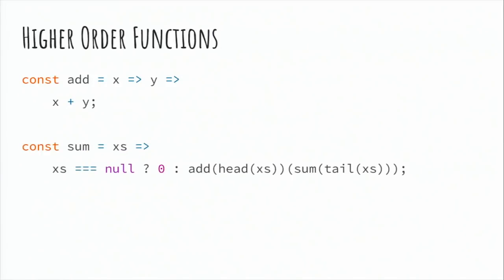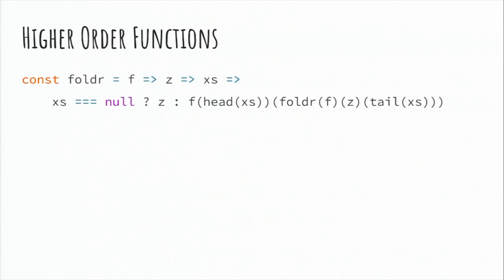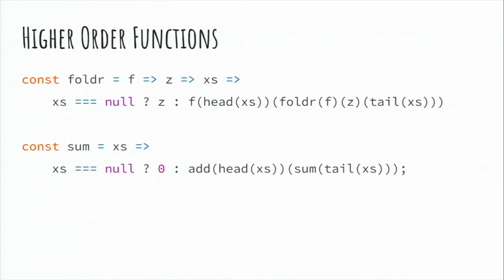So why is this relevant? Well, we can now write this sum function using the add function. And if we look at it this way, and we compare it to a function called fold right, then we can see some similarities.